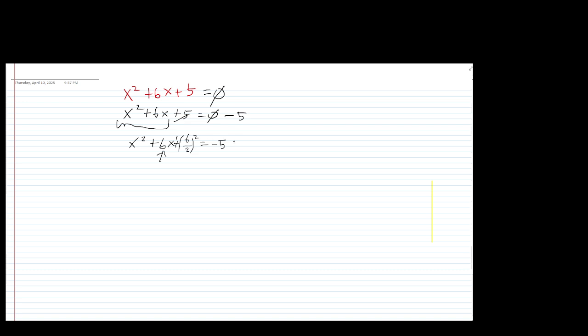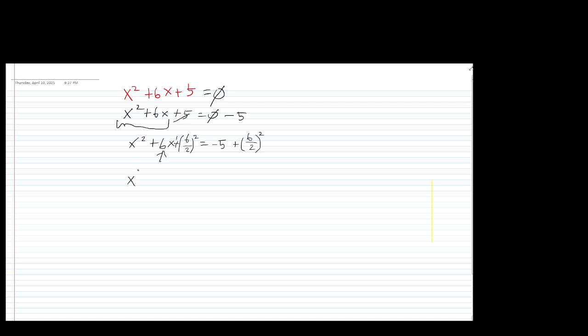And then you do the same to the other side also. And you add half of 6 and square it. Now you're ready to factor out the equation easy. Let's just do this math. You always do what's inside the parentheses first.